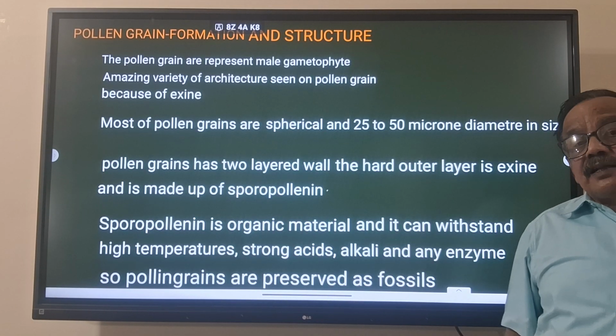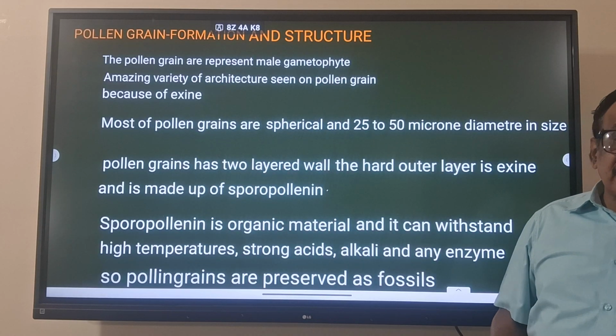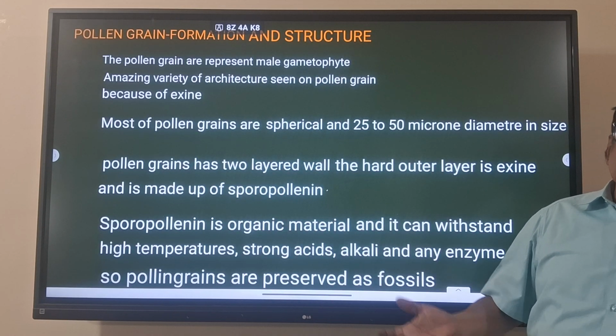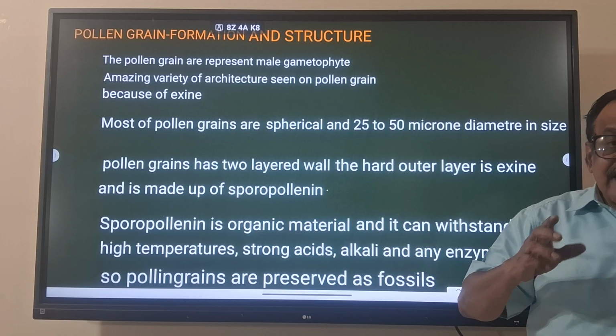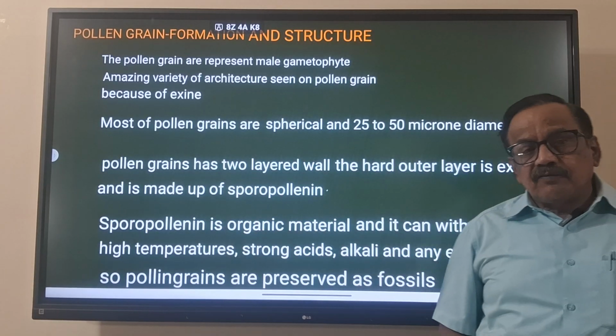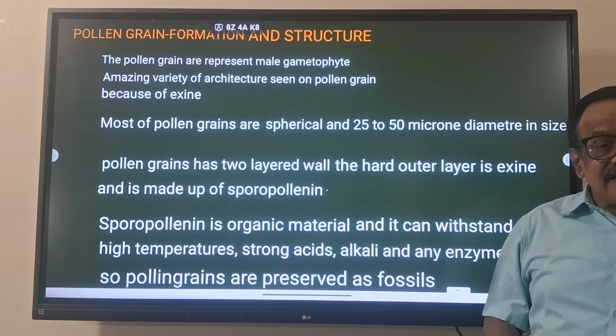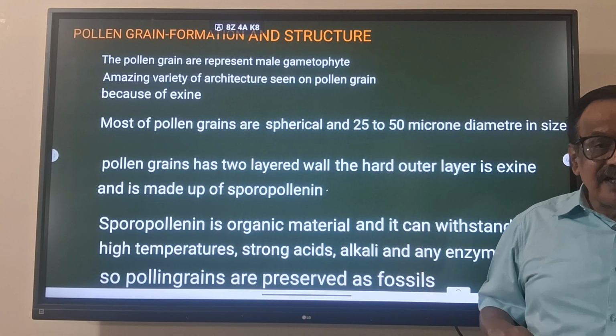And why is it that hard? Because the pollen grain is a very small particle. Whenever it is shed, it comes out of the anther and is suddenly exposed to the environment. So it must tolerate the temperature and everything around it.